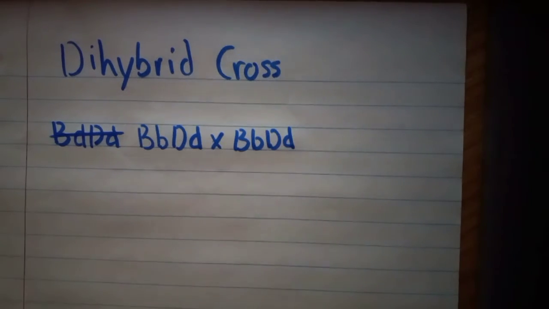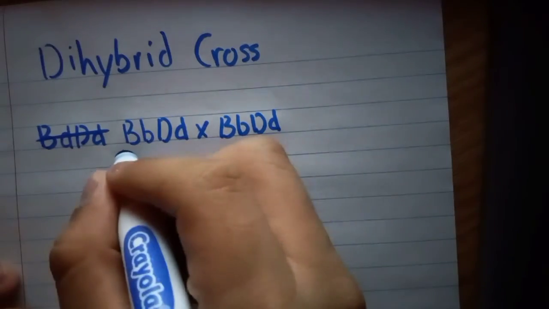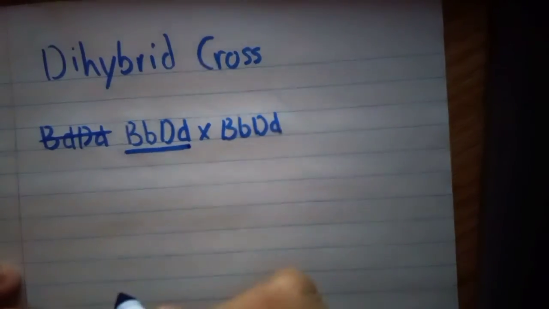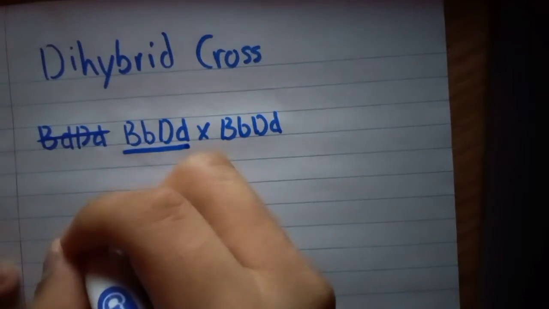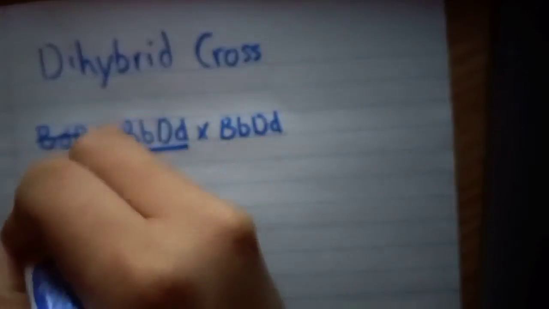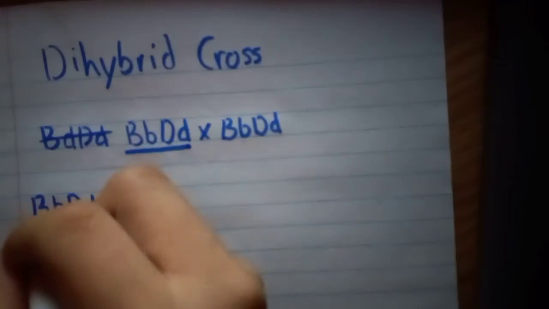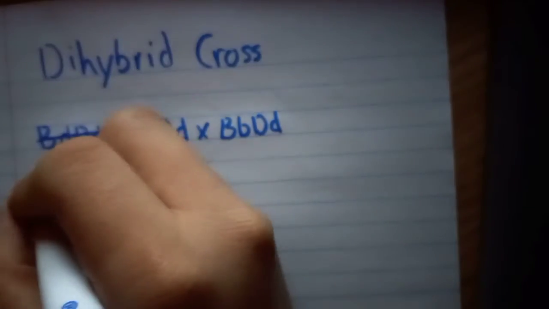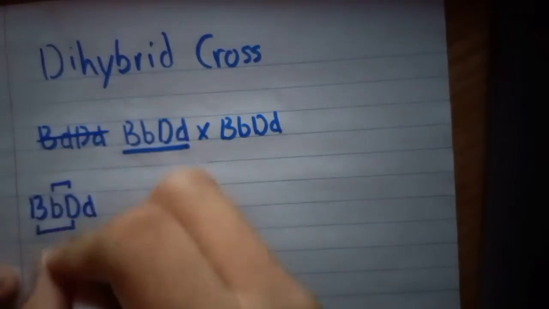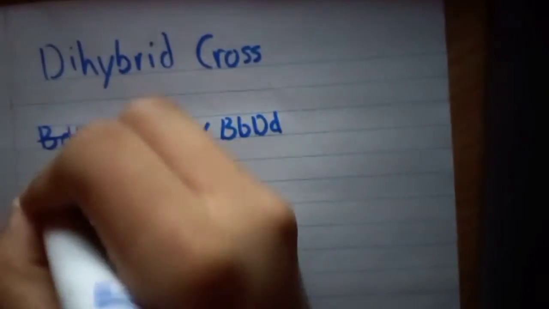So when you're about to do dihybrid cross, before you do that, you have to figure out all the possibilities you can get from one of these. And for that, you're going to have to do this. You're going to have one of these, like this. This will be one. This will be another one. This will again be another one.